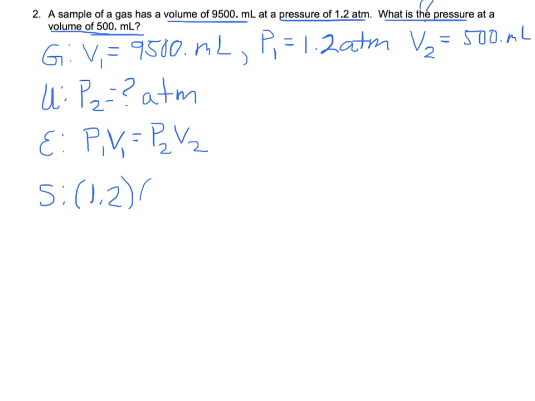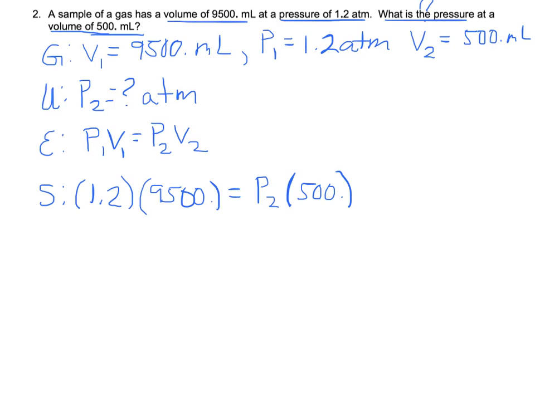You don't have to write the units if that confuses you. And the initial volume is 9,500. milliliters. Notice I put the decimal in there to keep my significant digits. The final pressure is what we are looking for, so we just write P2 into the equation because that's a variable we're trying to find. And our final volume is 500. milliliters.